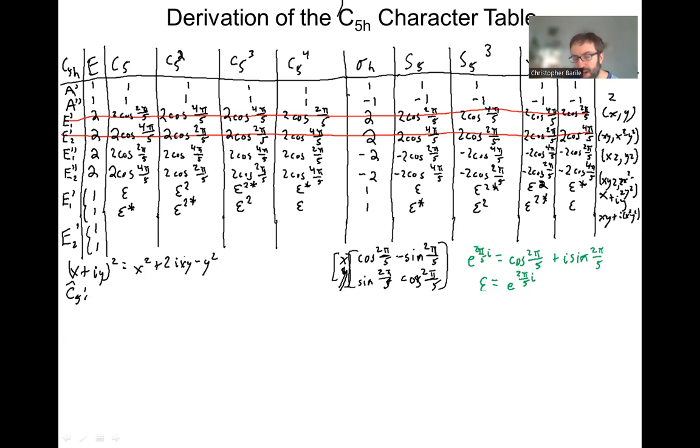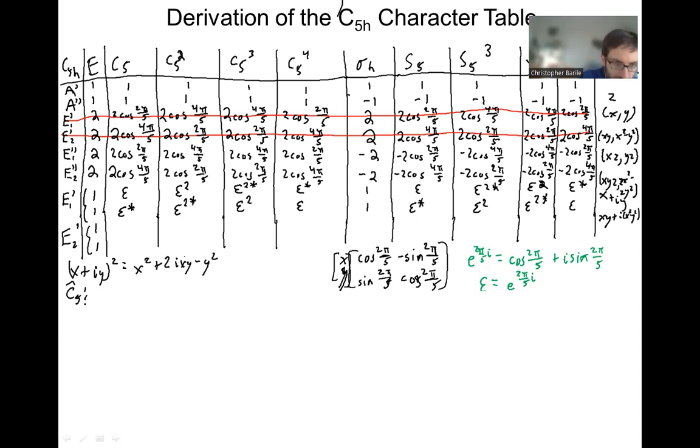It goes to cosine 2 pi over 5 x minus sine 2 pi over 5 y. We know what it does to y. It goes to sine 2 pi over 5 x plus cosine 2 pi over 5 y. Sorry, I think I said x there, but it's y. Doing the matrix multiplication, it just ends up being a ton of math, and we can walk through it.